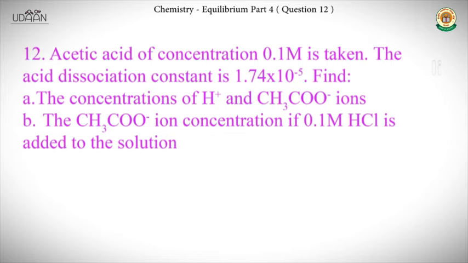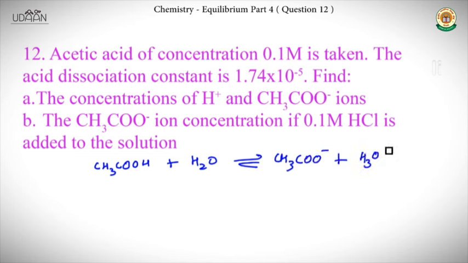We have an aqueous solution of acetic acid, and this is how the acid dissociation will take place. It's an acid, so it will form hydronium ions in aqueous solution. Let's say we start with 1 mole of this, and the degree of dissociation is alpha.